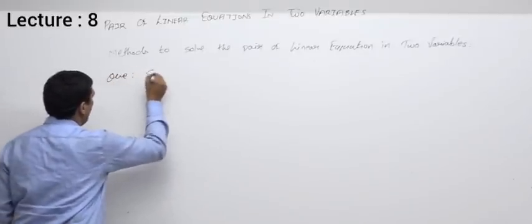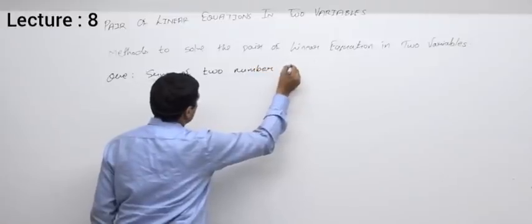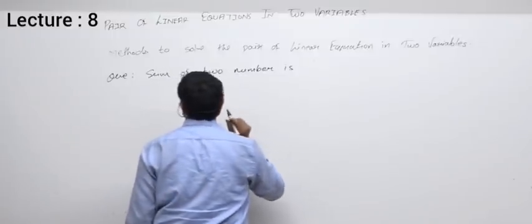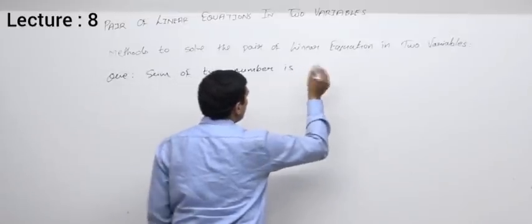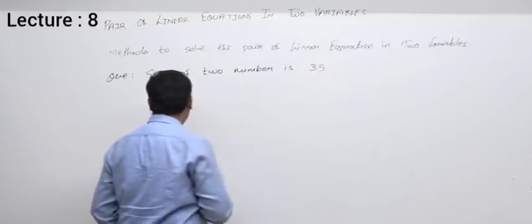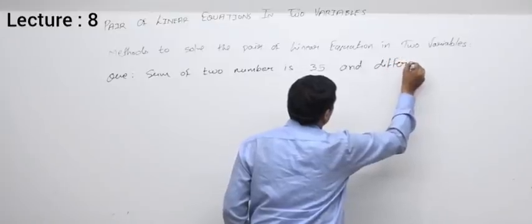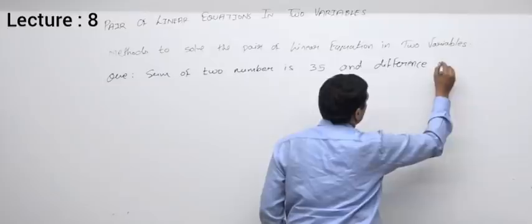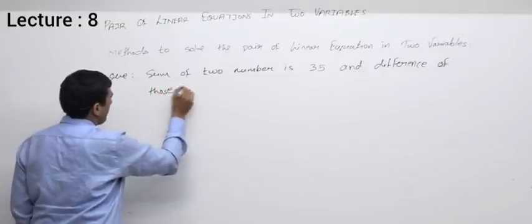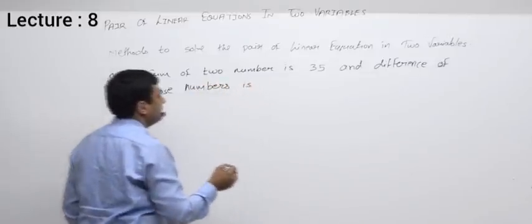Okay, so we'll see one question. The question goes like this: sum of two numbers is 35 and difference of those numbers is 5.